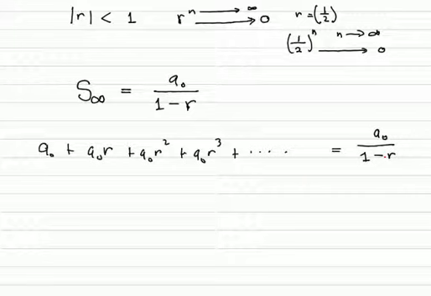We can say the geometric series converges to the ratio of its first term over 1 minus the common ratio, as long as the absolute value of the common ratio is less than 1.